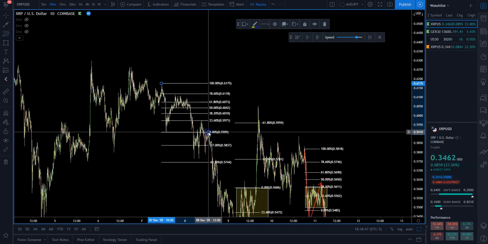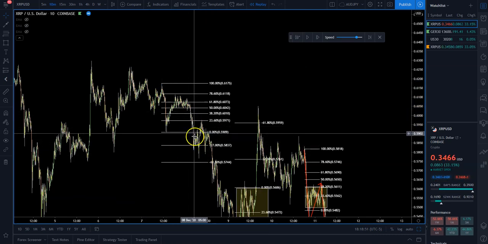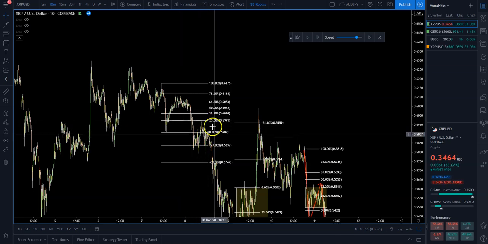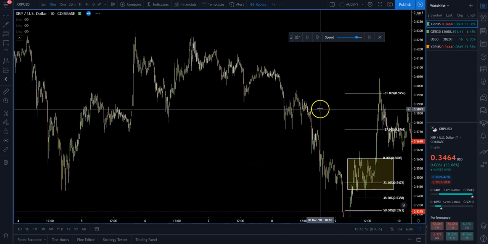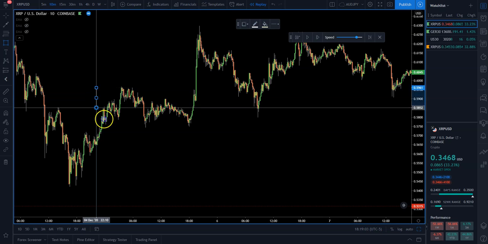And this was actually a 78. And you see how after it crossed the zero, it came back into the zero. So that trend was going to die, but it continued. You see another one right here.